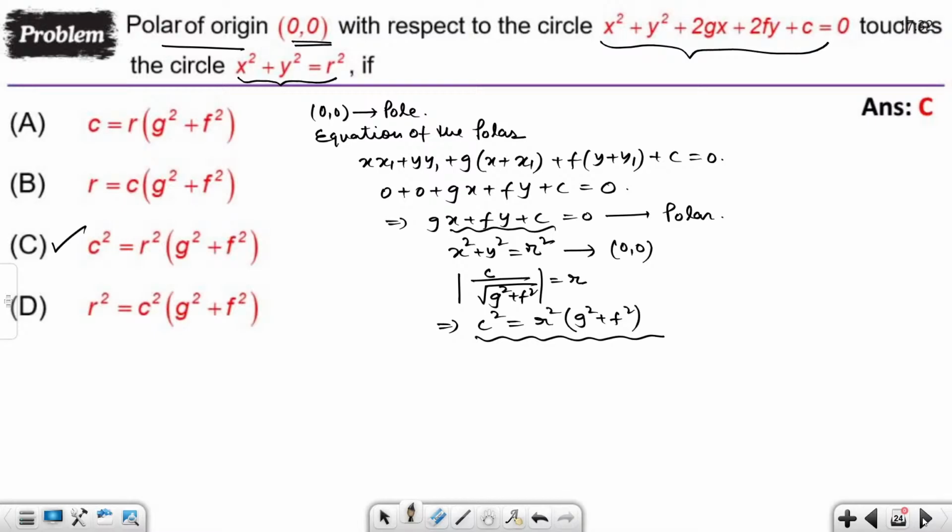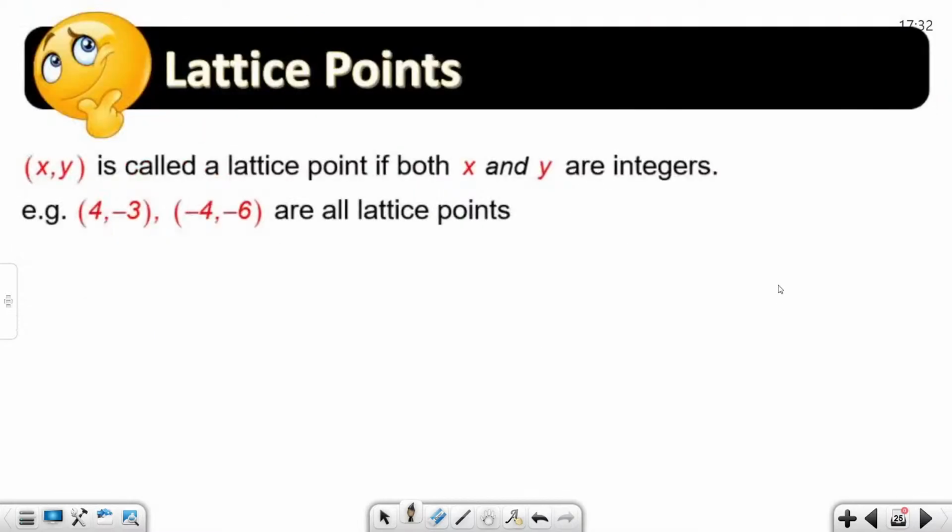Okay, so let us come to the last part of today's tutorial, that is lattice points. What do you mean by lattice points? Simple. Lattice points are nothing but all points whose coordinates are integers, like 4 comma minus 3, minus 4 comma minus 6. These are all called lattice points.